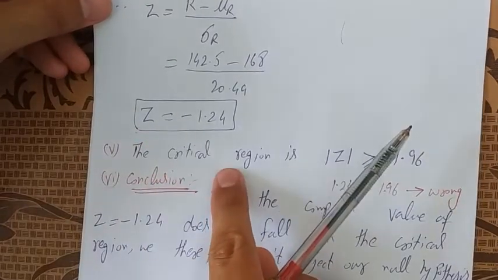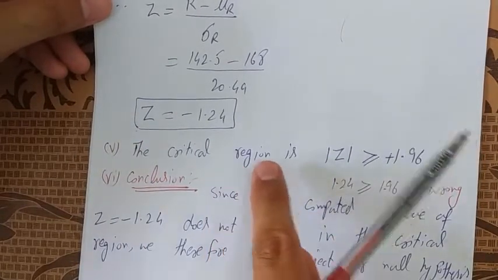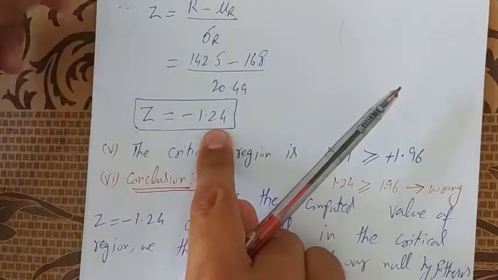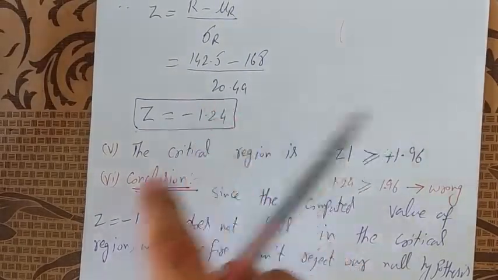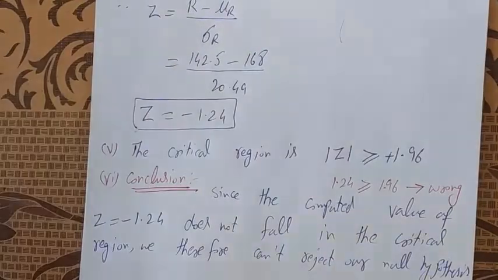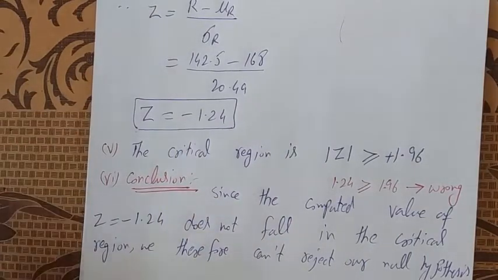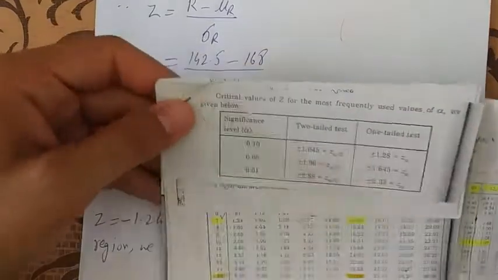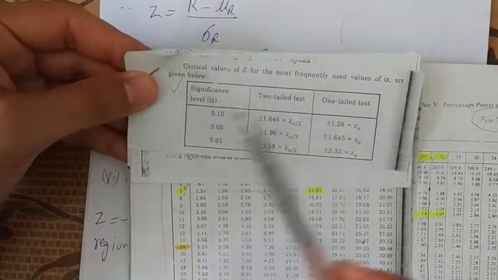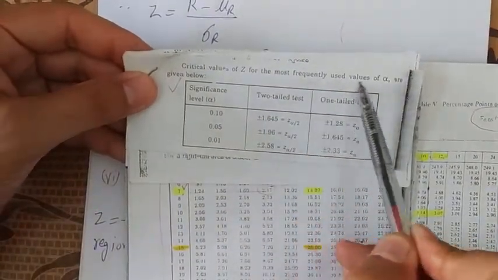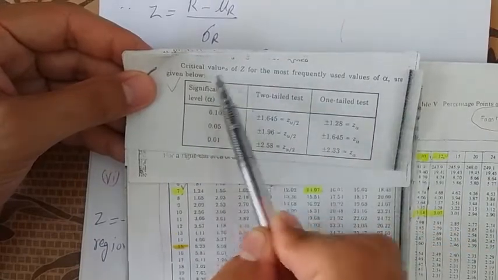In the fifth step, we have to find the critical region. Students, for the Z value we check the table. Critical values of Z for the most frequently used values of alpha are given below.